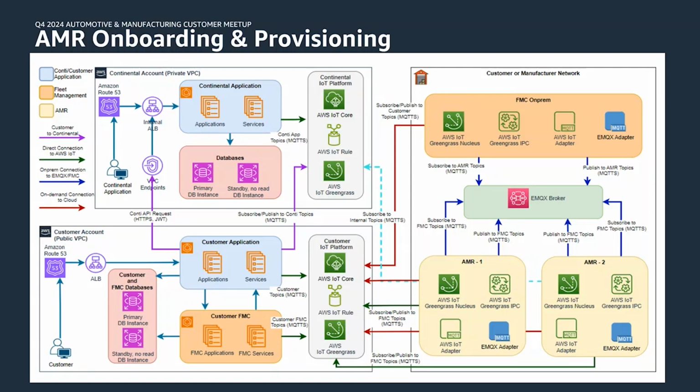So if a customer is also availing the FMC use cases, the FMC application, that has two sides to it. I'll explain that. The FMC and AMRs will be associated to the customer, so that when the customer is directly logging into their customer portal from the customer-provided AWS account, they'll be able to see the AMRs and it is an available feature.